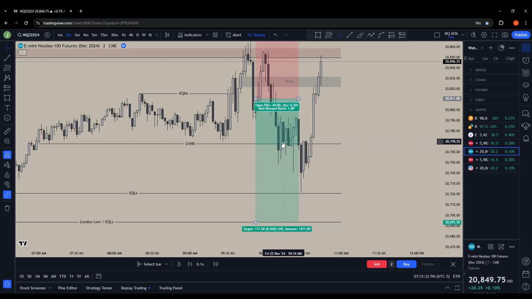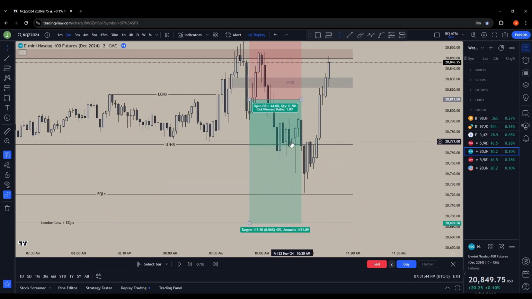Obviously I was in a lot of chop, and I had already moved to break even, so it was a risk-free trade. I was really hoping we wouldn't just go hit break even, being super close to these equal lows and the draw here. Once ES took out London lows, I was looking to close the trade at a 1-to-1, which we did eventually get down here.